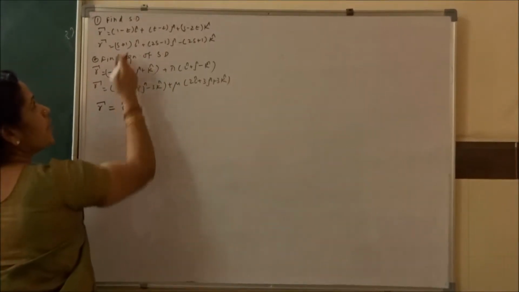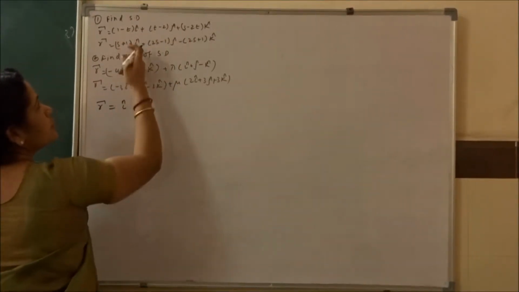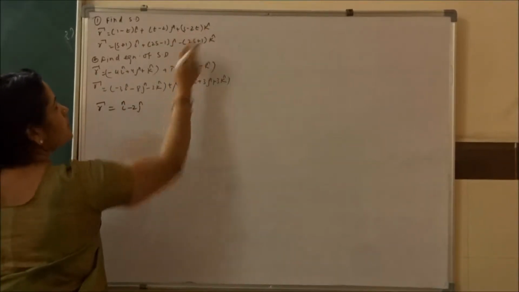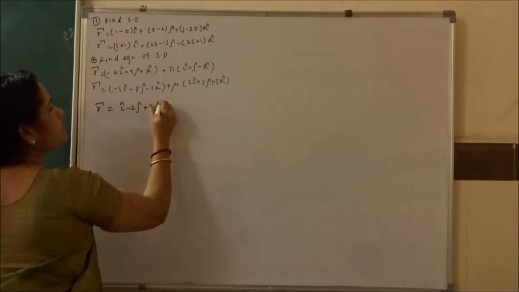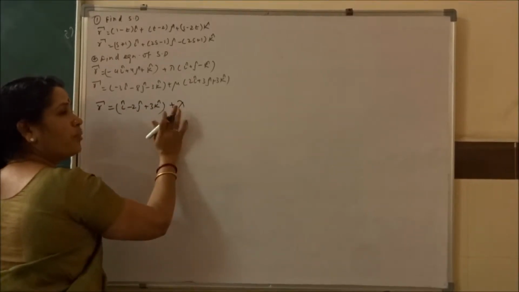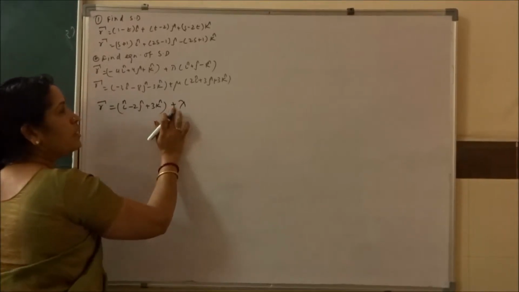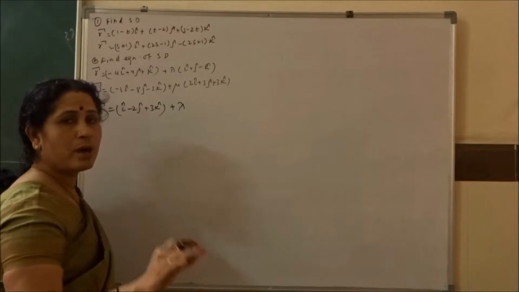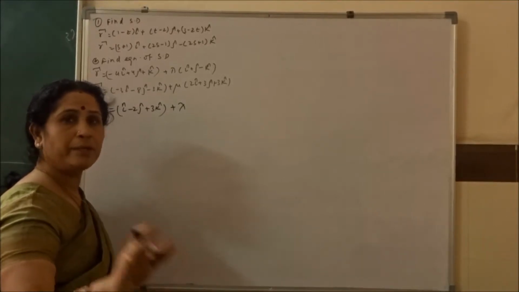So first you do one thing, convert this line into standard form. Now I am collecting i, j, k. This is i, then minus 2j, then plus 3k, and then plus lambda into. Don't take any common element, don't take minus common; write down plus lambda, because the standard form is r vector equal to a vector plus lambda into b vector.